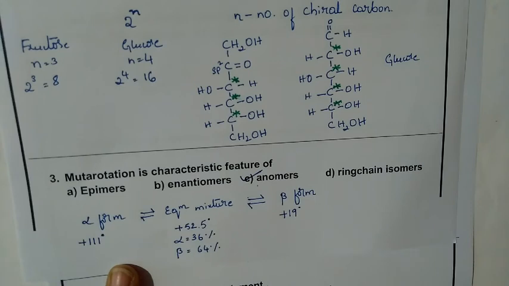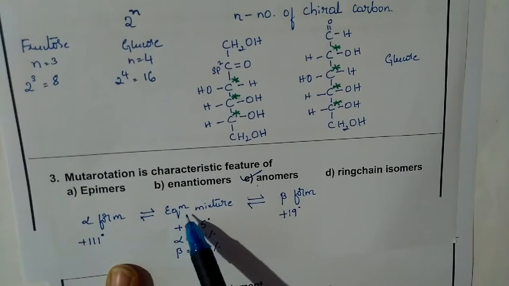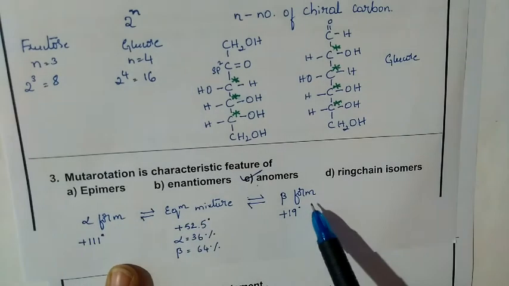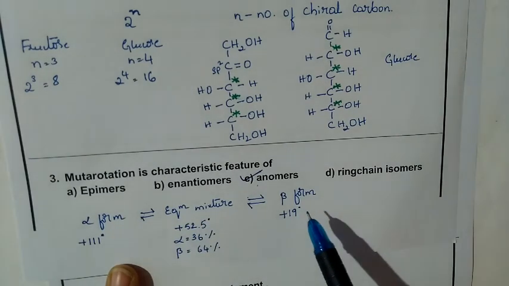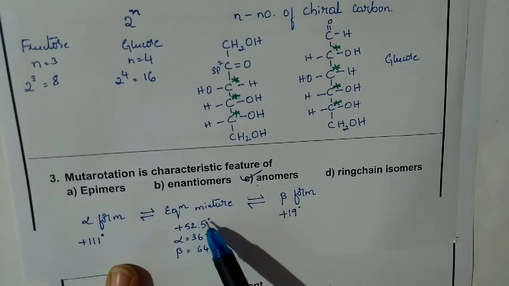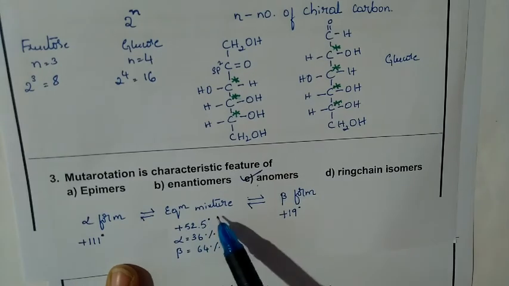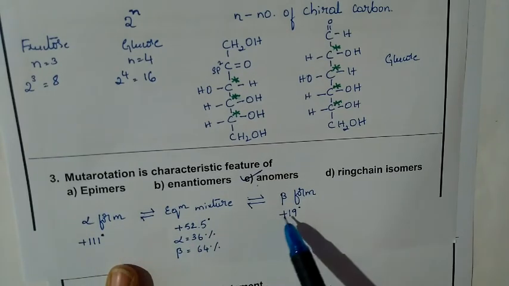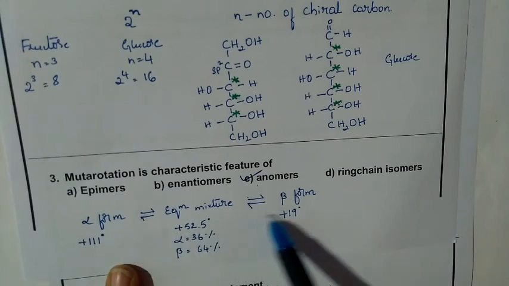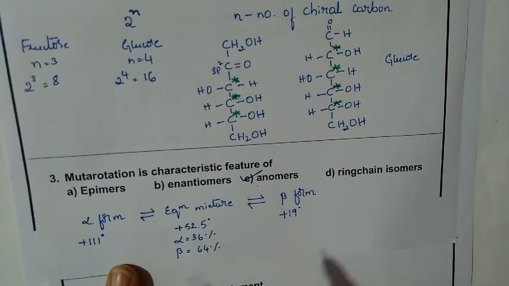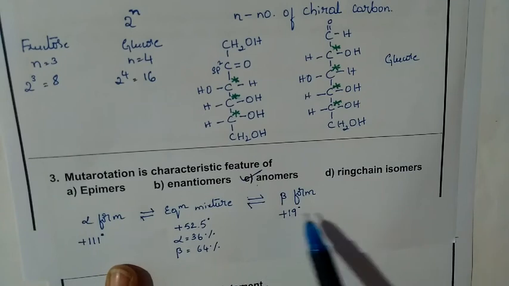An alpha form we have taken has been converted into an equilibrium mixture. If you consider beta form, again that beta form will be converted into an equilibrium mixture itself. The specific rotation I have written for glucose.